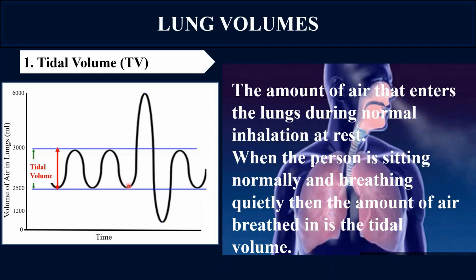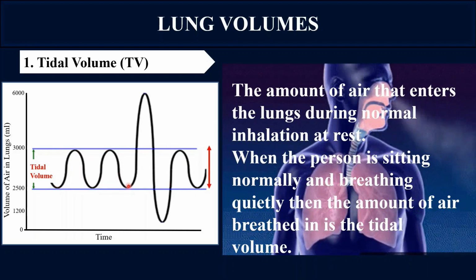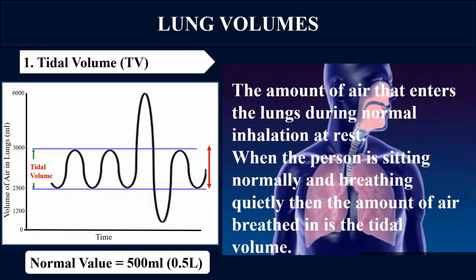All of this comes in the tidal volume, the measurement of the air taken up during normal breathing or when the person is at rest. On this axis the values are 2500 and 3000. If we measure the tidal volume, the normal value is 500 ml.